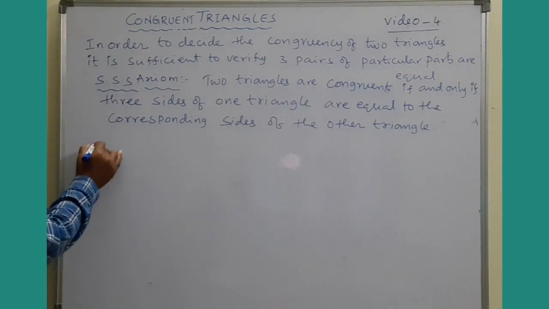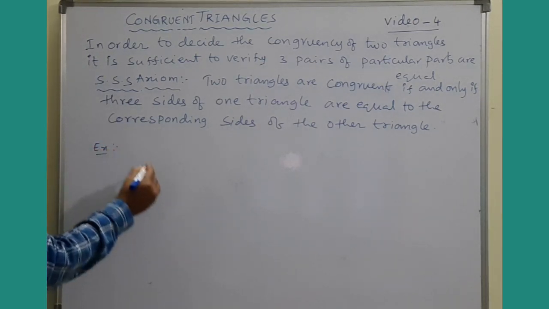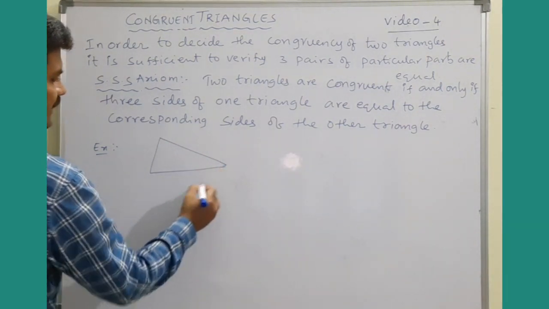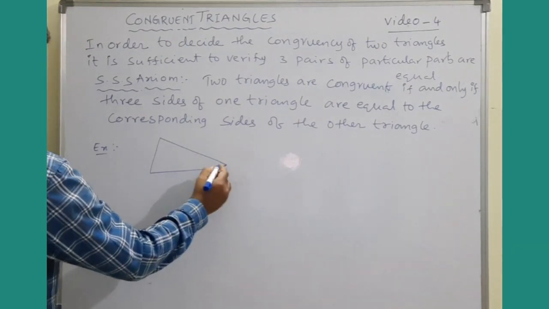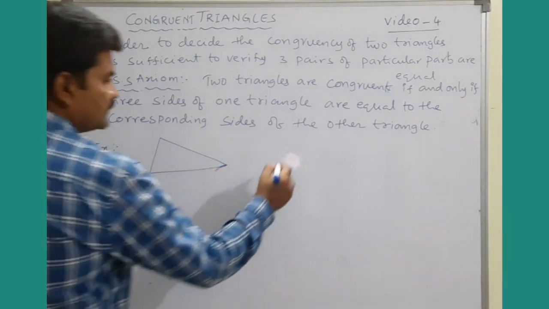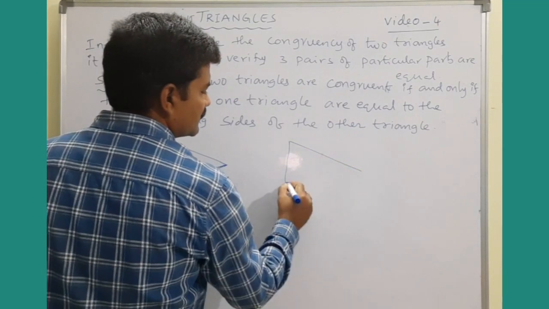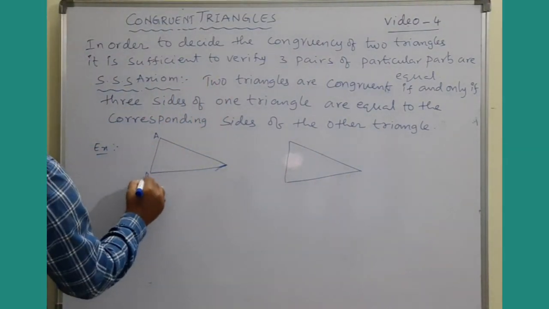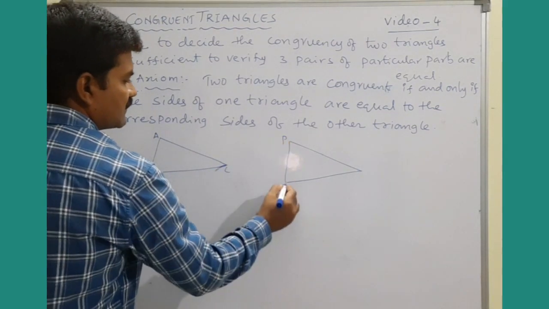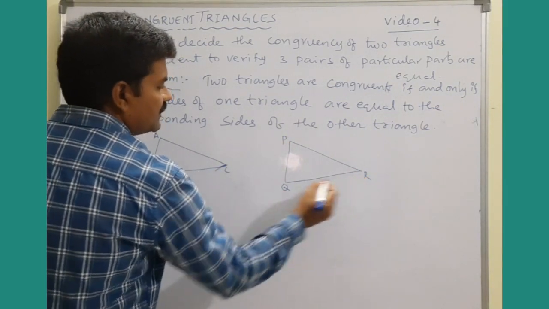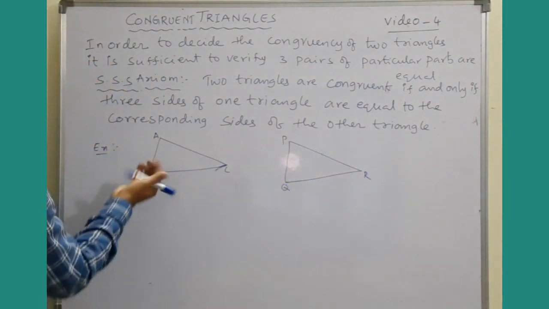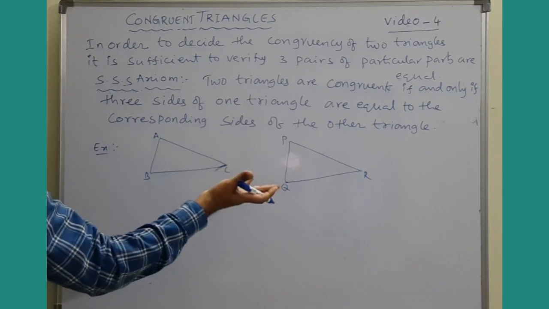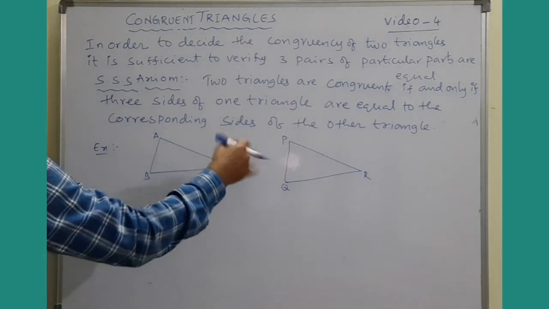See, for example, let this be one of the triangles, and let this be the other triangle. Say triangle ABC, and assume this as triangle PQR. So the three corresponding sides of one triangle should be equal to the corresponding sides of the other triangle.